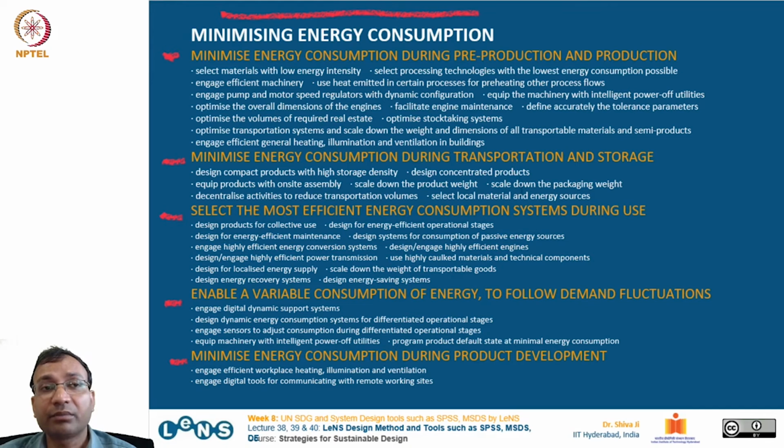Design concentrated products, equip products with on-site assembly, scale down the product weight, scale down the packaging weight, decentralize activities to reduce transportation volumes, and select local material and energy sources. So these could be the strategies for minimizing energy consumption in the transportation and storage stage.